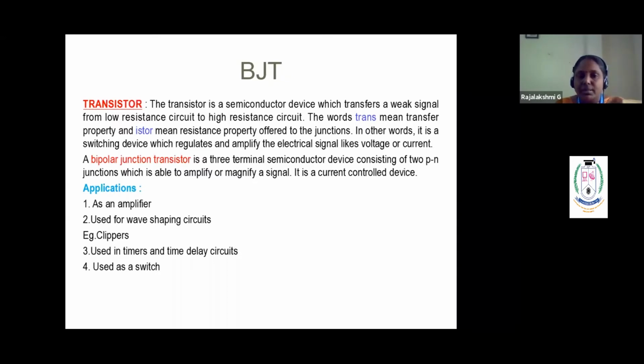Wave shaping here means increasing the amplitude of the given signal, so it is called an amplifier. If you want to clip a part of a given waveform, it can be used as a clipper. It can also be used in timers and time delay circuits, and mainly as a switch.